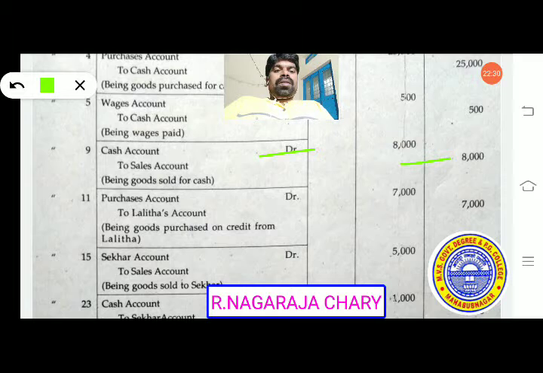For cash, debit what comes in, credit what goes out. Cash is coming inside when we are selling goods, so cash is to be debited, and sales, as an income, is to be credited. So cash account debtor to sales account, 8,000, 8,000. For this the narration is being goods sold for cash.